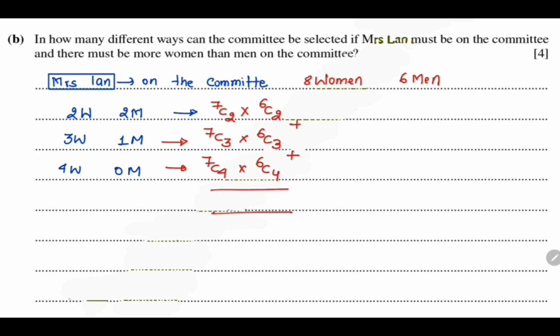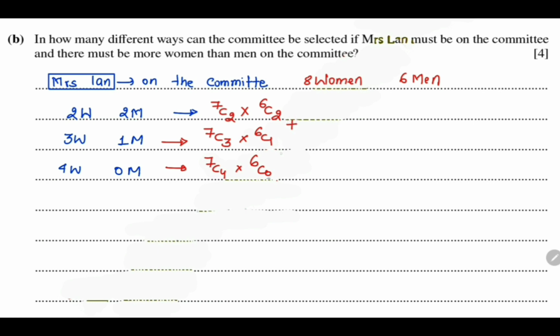Now we will add all these numbers of ways and we will get our total number of ways in which a committee can be selected where the number of women is more than the number of men and Mrs. Lan is always in the committee. Final answer. 7C3 into 6C1 and 7C4 into 6C0, which is 1 only.